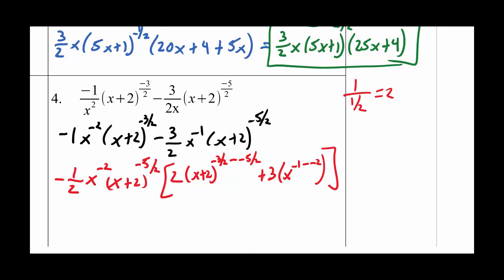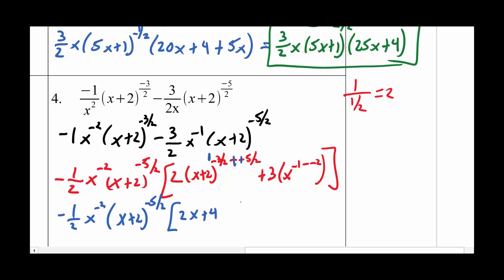Okay, so let's go back here. So we get a negative 1/2, x to the negative 2, x plus 2 to the negative 5/2. We got a 2. All right, what is negative 3/2 plus 5/2? So that's actually x plus 2 to the first. So I can distribute that in. Plus 3, and that's really x to the first, so that's just 3x.